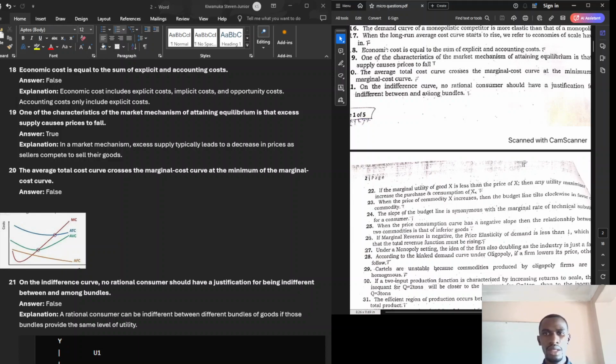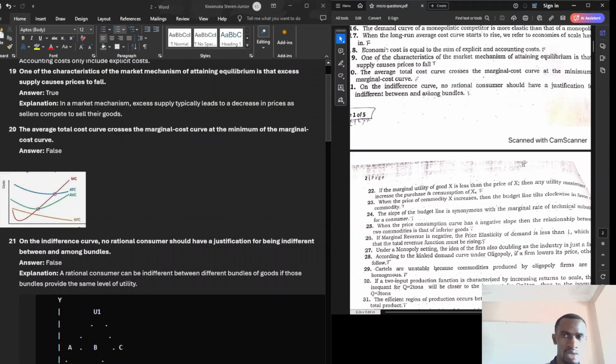Number 20, the average total cost curve crosses the marginal cost curve at minimum marginal cost curve. We see that is false. I try to put here an illustration, and this is how the cost curve always looks.